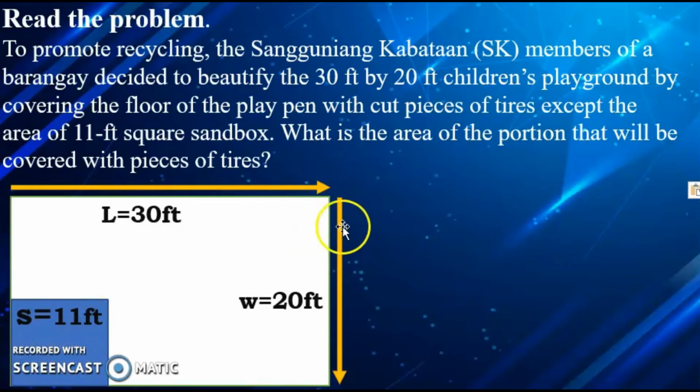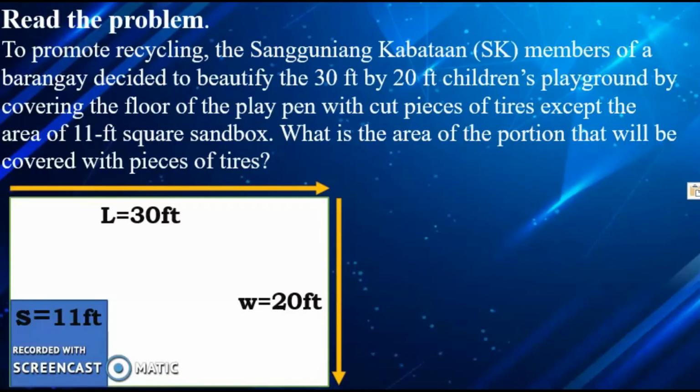Okay, so let us try to solve this. Ang hahanapin natin dito is yung area nitong portion that will be covered with pieces of tires. Itong white part. Okay, itong white. Yan ang hanapin natin, yung area. So first, since given naman ang length at width, isolve muna natin yung area ng rectangle.